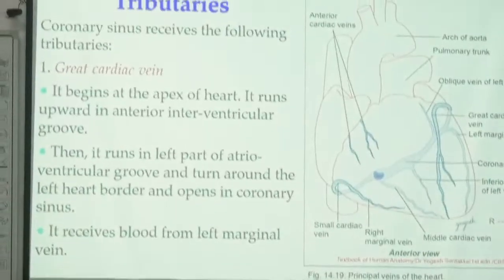So the great cardiac vein begins at the apex of the heart and runs upward in the anterior interventricular groove, and then it runs in the left part of the atrioventricular groove, and turns around the left heart border and opens into the coronary sinus. So this is the course of the great cardiac vein, and it receives blood from the left marginal vein. Here this left marginal vein is draining into the great cardiac vein.